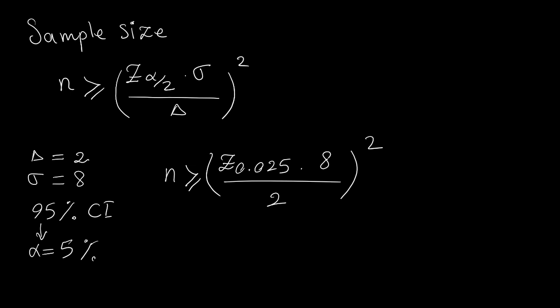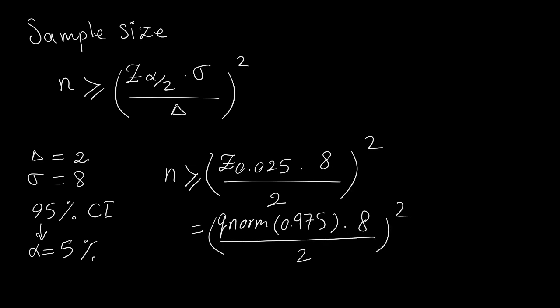To find z of 0.025, I can use the syntax of R and write it as qnorm of 0.975, times 8 over 2, and square this value.